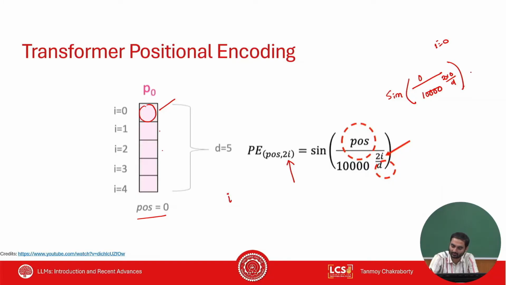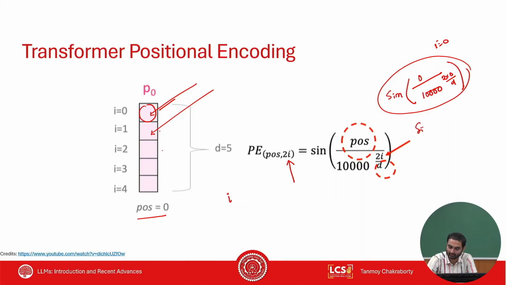So this number is going to be the first element of the position embedding. The second element of the position embedding is going to be sine of 0 over 10,000 to the power 2 times i, 2 times 1 by d.